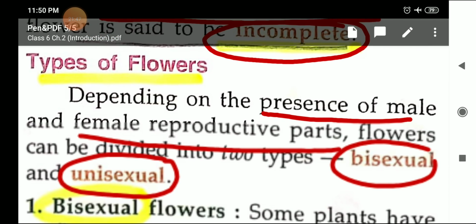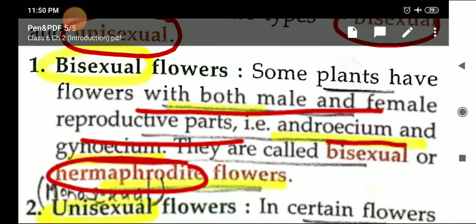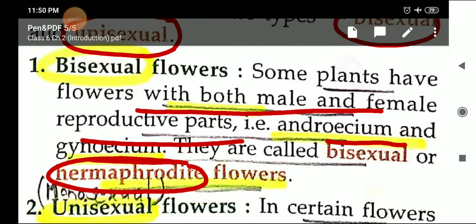Then the types of flower depending upon the presence of male and female reproductive part, that is androecium and gynoecium. Bisexual flower or hermaphrodite, in which both the male and female reproductive parts, that is androecium and gynoecium, are present.